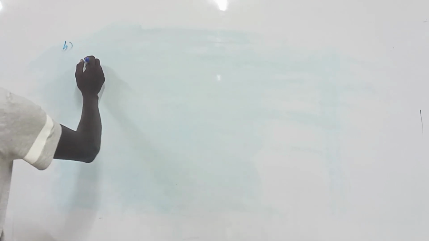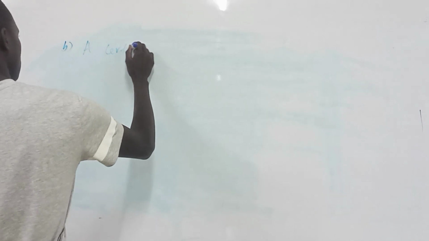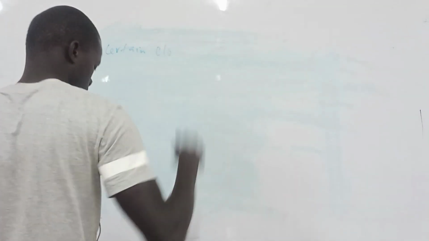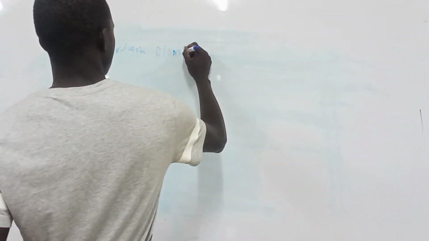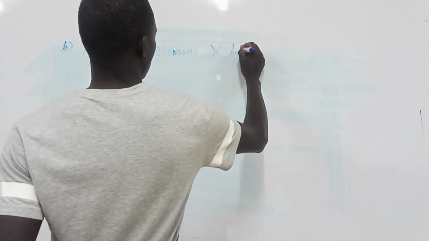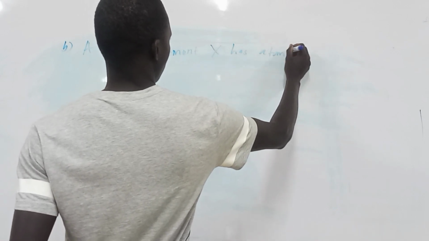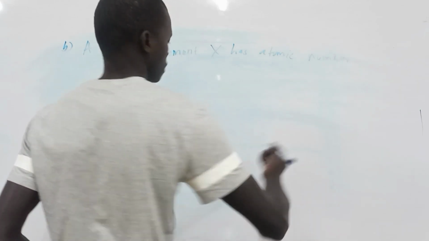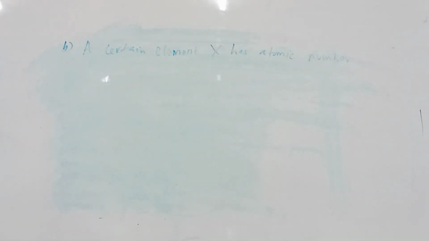Now this is example B. A certain element X has atomic number 6 and mass number 14.